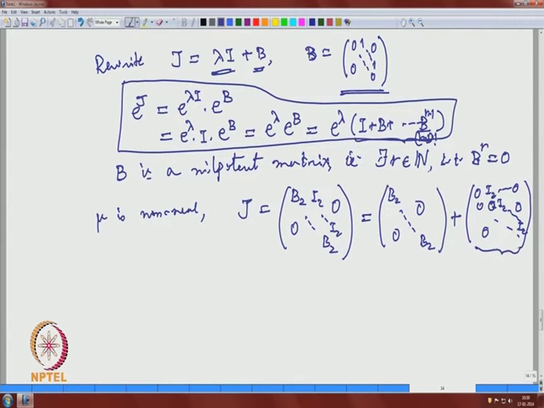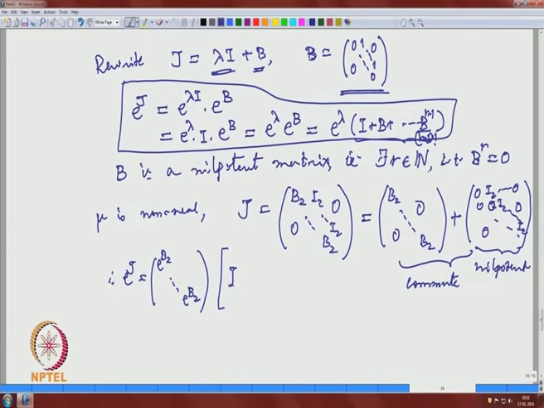So, again this is nilpotent and these two commute. Okay. So, it is very easy to find, therefore, e to the J is again e to the B2 into I plus.